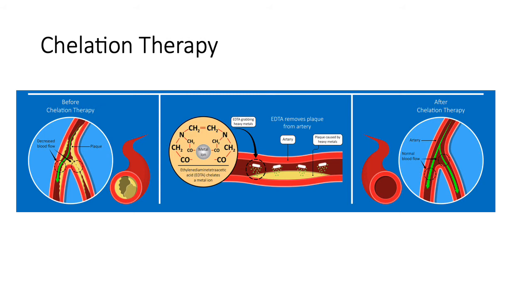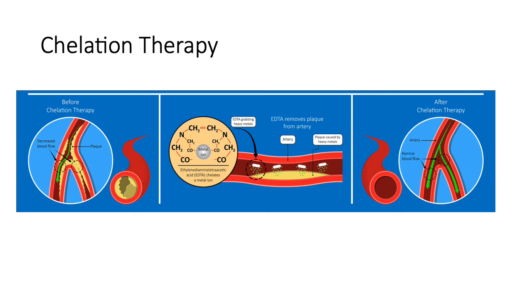The chemical can then move around in the bloodstream and bind to any toxic metals or minerals found in the body and help to remove them. EDTA is a form of amino acid commonly used to remove substances such as lead, copper, and calcium. And these are deposits which we find around the body.